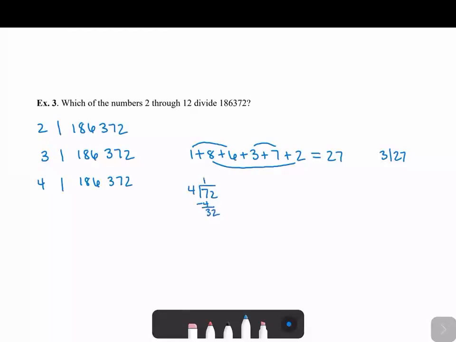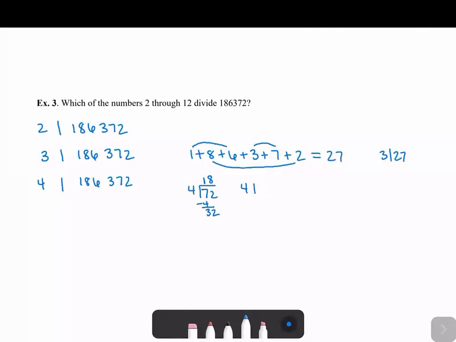And then 4 goes into 32 8 times. You don't have to do this all the way, just enough so that you know. You could stop when you get to 32 and know that 4 goes into 32, but it's not much extra work to see that it goes in 8 times and write it down. So yes, 4 divides 72. So we have that 4 divides 186,372.